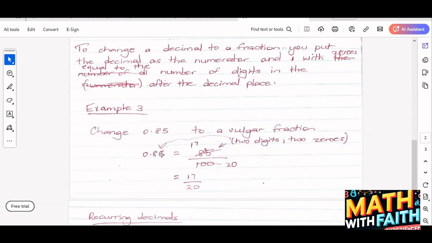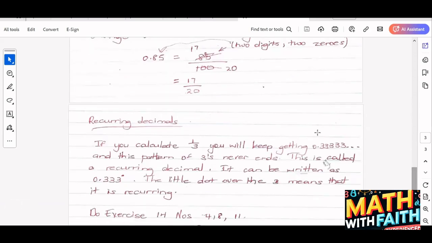So you have 2 digits after the decimal point, so you put 2 zeros. So it will be 85 over 100, which is 17 over 20. So that's how you change a decimal into a fraction.